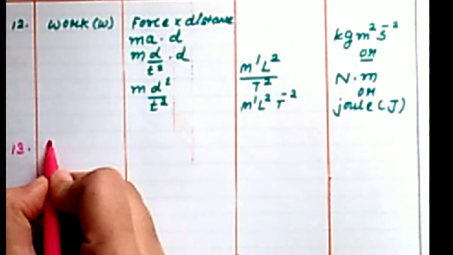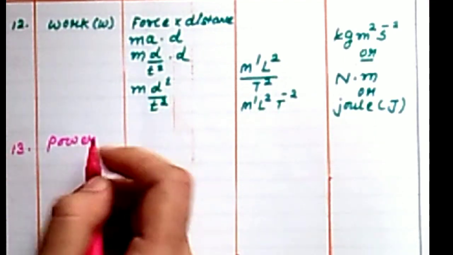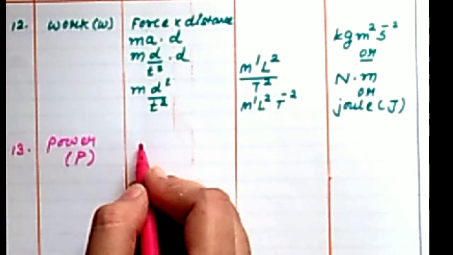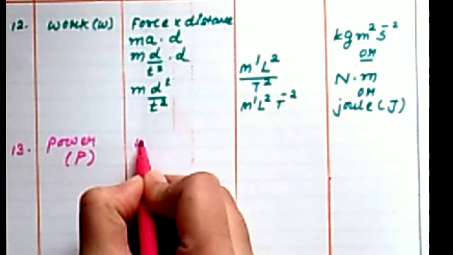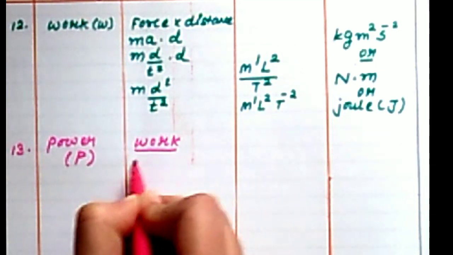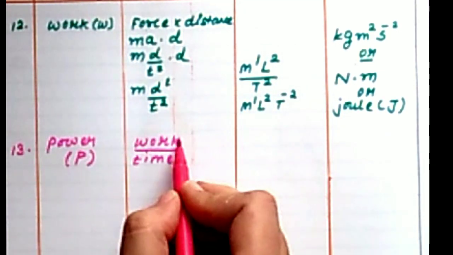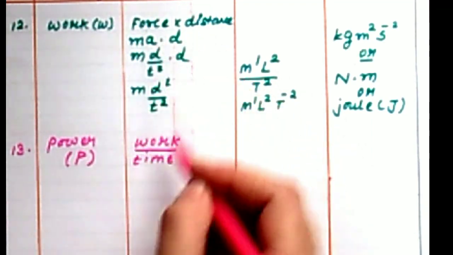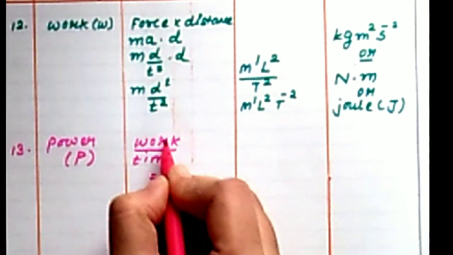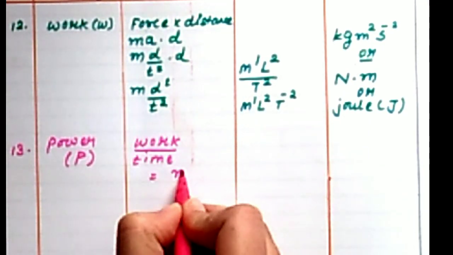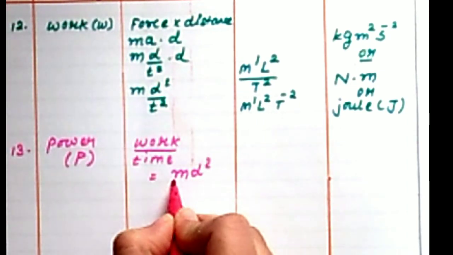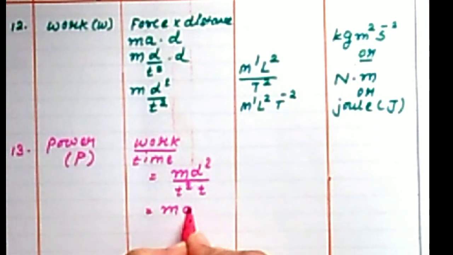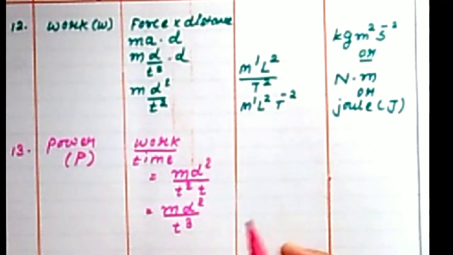Next physical quantity is power and the symbol of power is capital P. And the relation of power with other physical quantities is work upon time. Now we have to convert this relation into fundamental physical quantities. Work equals force into distance, and therefore mass into distance square whole divided by time square, into time as it is, that equals m d square upon t cube.